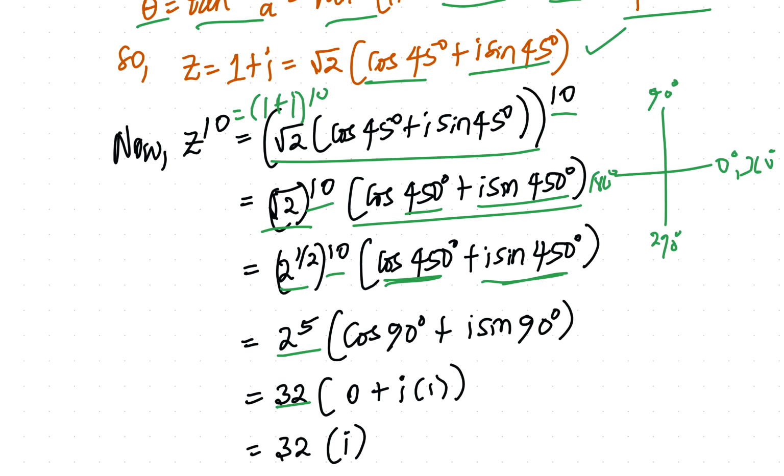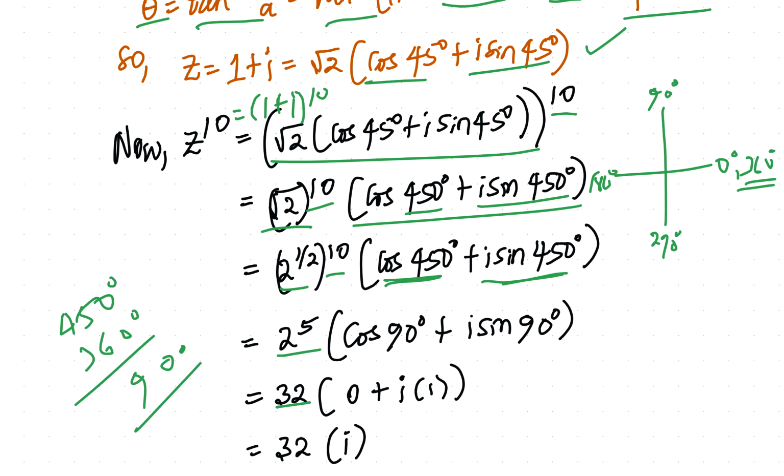If you have an angle 1500 degrees, keep subtracting 360 degrees until you get a number less than 360 degrees. So I have to do 450 degrees minus 360 degrees. That's 90 degrees. So we have 90 degrees.